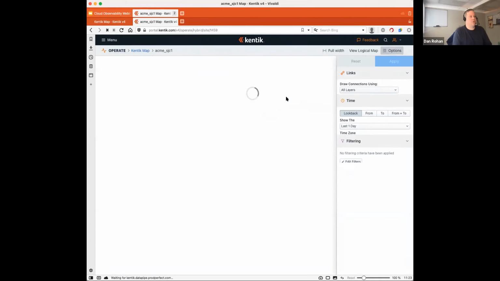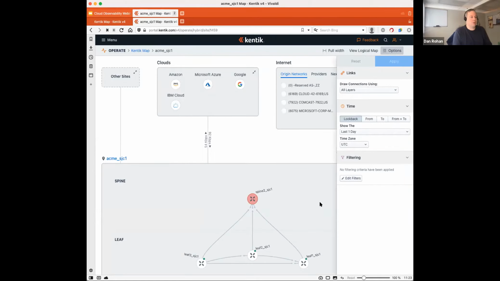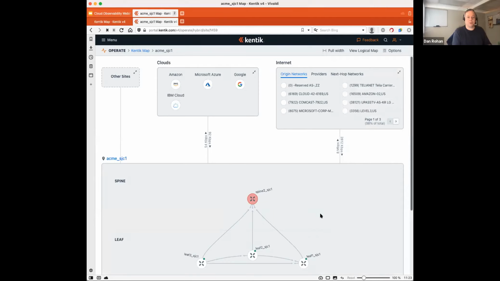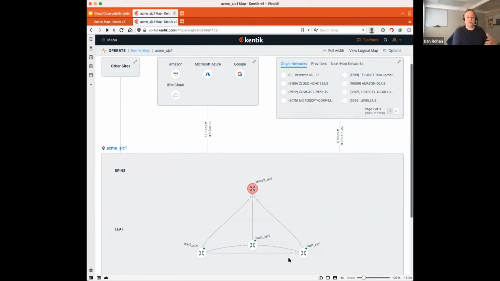And if we drill in here to the site, the SJC1 data center, we can see that if we use the internet intelligence and data center intelligence that Kentik has about this particular site, we can watch that workload pressurize this DC fabric and keep tabs on the switching and the routing health using SNMP and streaming telemetry, which is all baked into the product too. And so we can then explain how we can see this traffic delivered out to the end customer through the internet block.